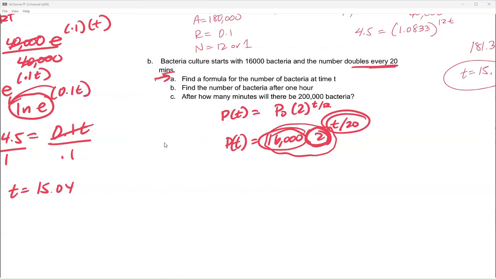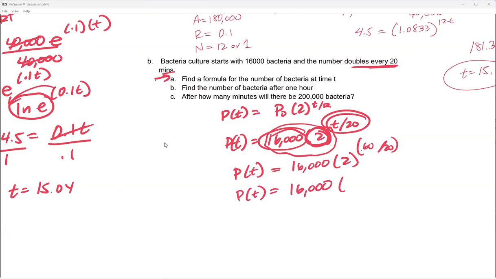Find the number of bacteria after 1 hour. So P of T is equal to 16,000 times 2, and 1 hour would be 60 over 20. So P of T is equal to 16,000, and then it'd be 2 to the 3rd power.